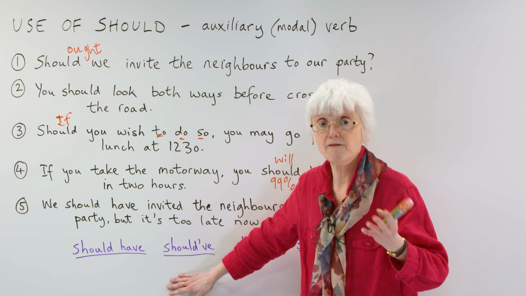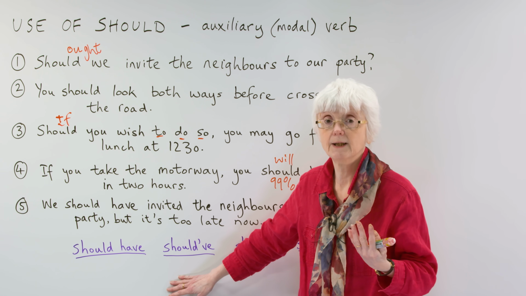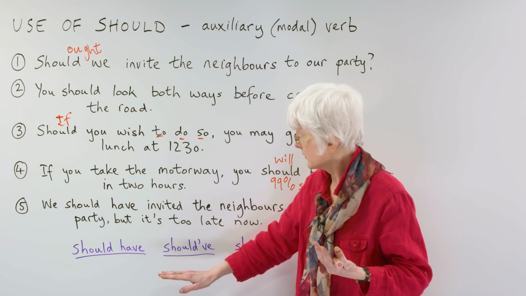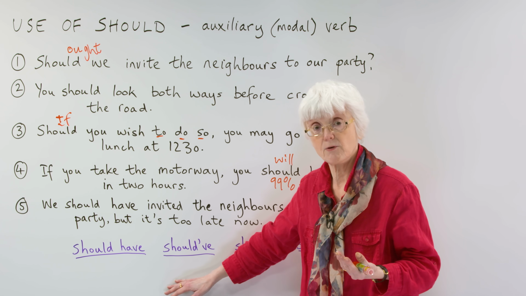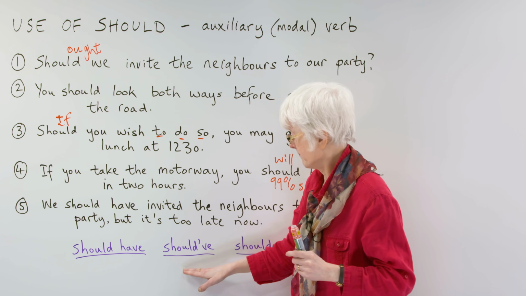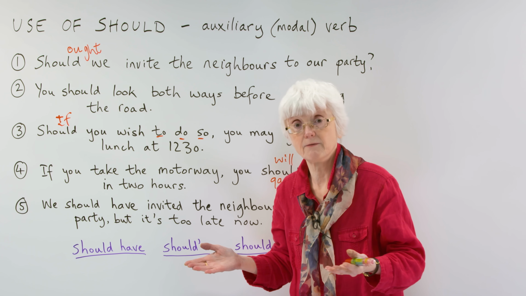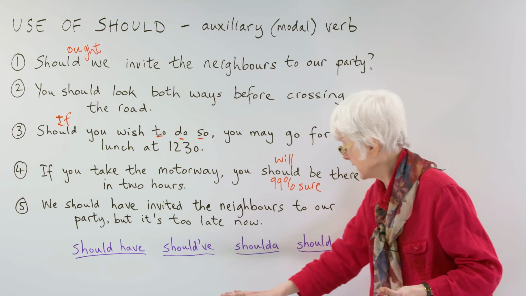So you just make a V sound at the end, should have, like that. So you might also see it written like that if somebody is writing exactly the way somebody spoke, or it's just the style of the writing, they've decided to use an abbreviation.